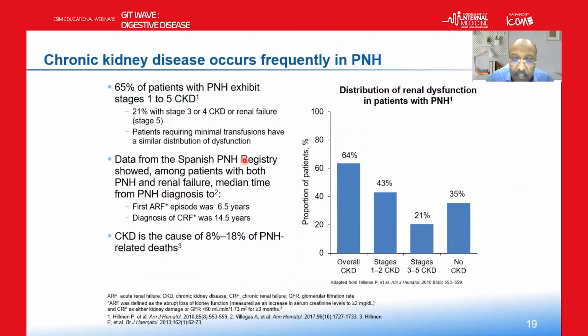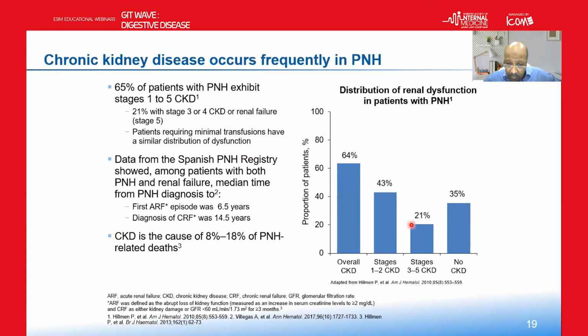Chronic kidney disease is also common. 65% of patients with PNH can have chronic kidney disease ranging from CKD stage 1 to 5. And CKD is also one of the leading causes of death. CKD is the cause of death in 8 to 18% of patients with PNH.